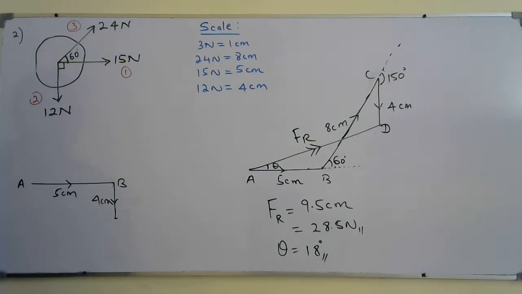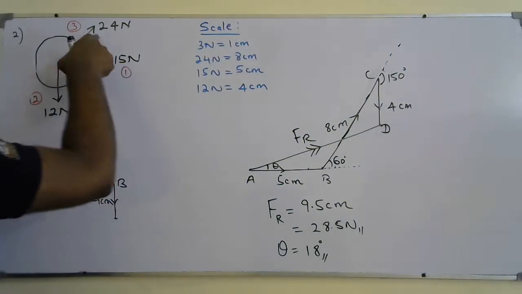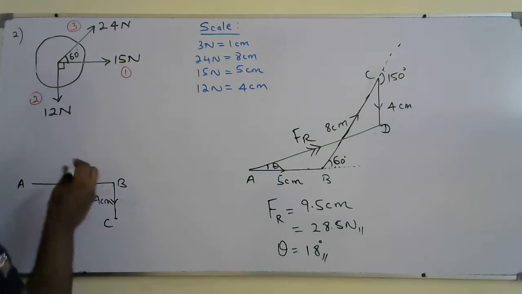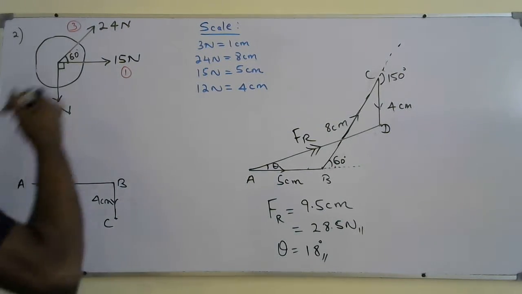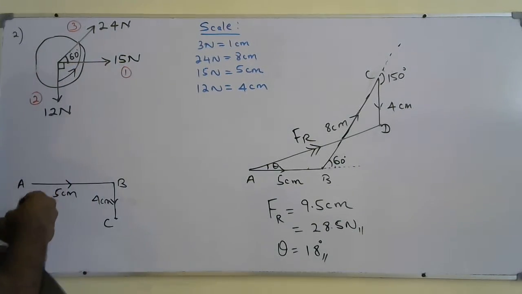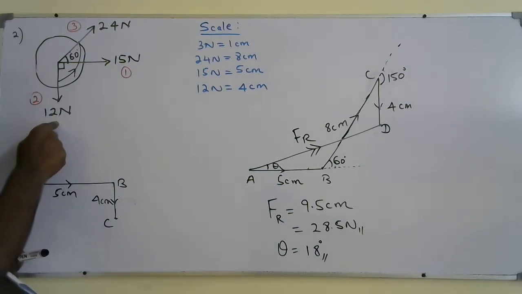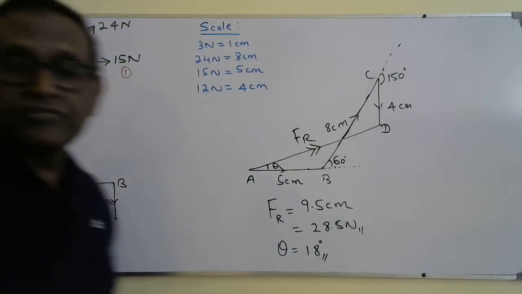Right. Then I should finally draw this force from this point C. What should be the angle? From this force, this is at an angle. You can see this angle, how much? 150 degree. So from 12 Newton to 24 Newton in anti-clockwise direction, 150 degree.